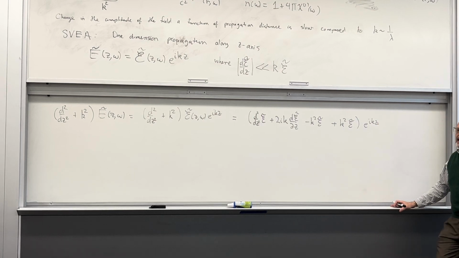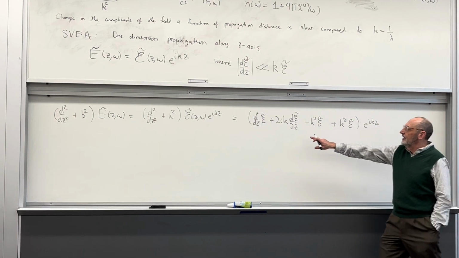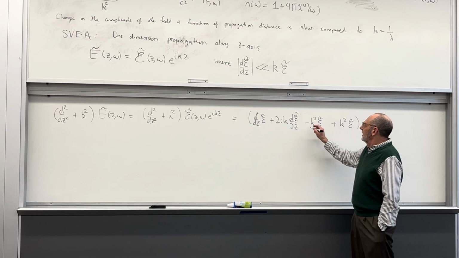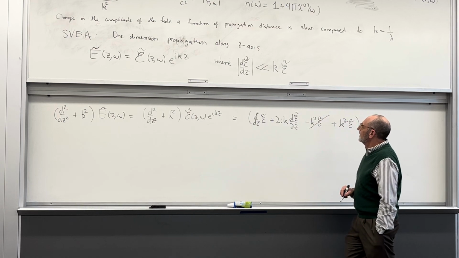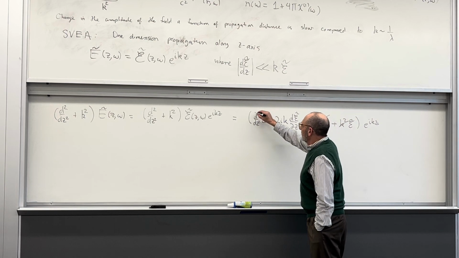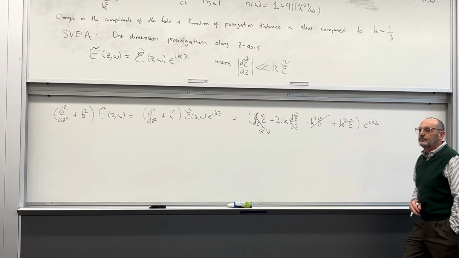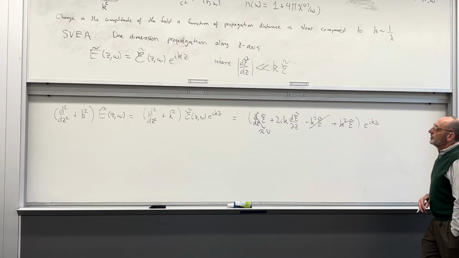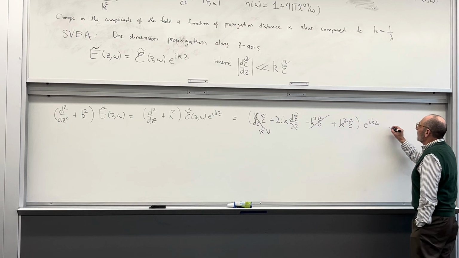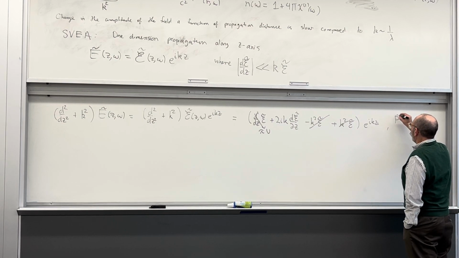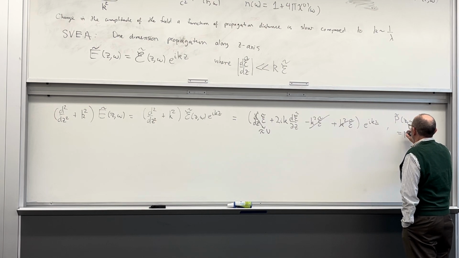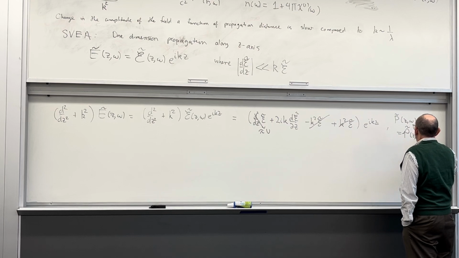Right? That's just taking that second derivative. That's this term. This cancels, and we say this is approximately 0 compared to that. Okay. Similarly, we write the polarization density as script P e to the ikz.